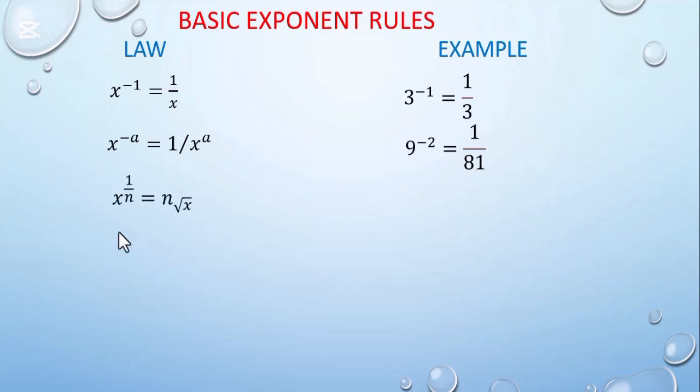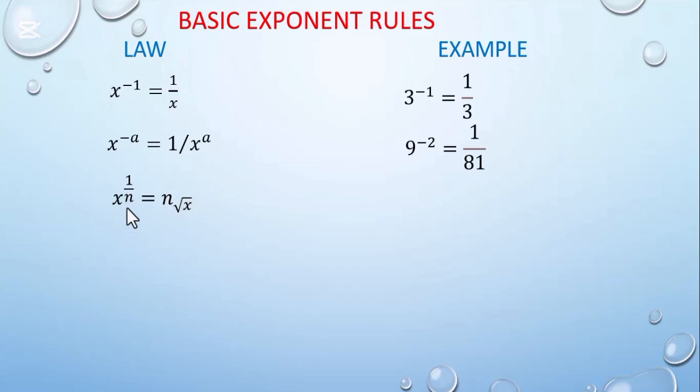Then the next rule is when your index is having a division, a fraction. Whenever your index is a fraction just like this, where we have x to the power of 1 over n, then it means the numerator will form the power, while the denominator will form the index of the root.